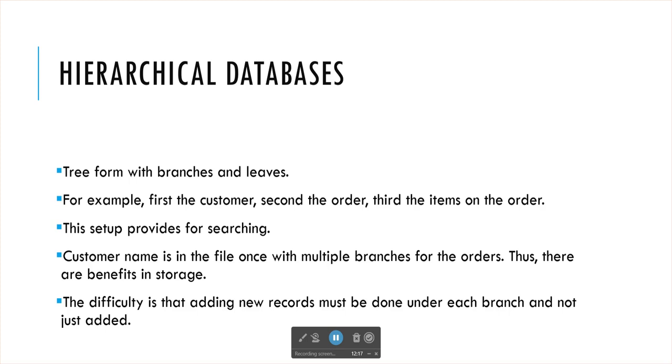So what you have in your file is the customer in there once, and then off of that particular customer you have the orders. And if you went further with it, you could say each order is comprised of the items that are being ordered.